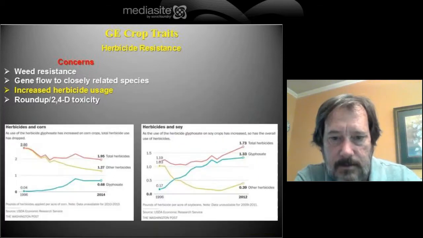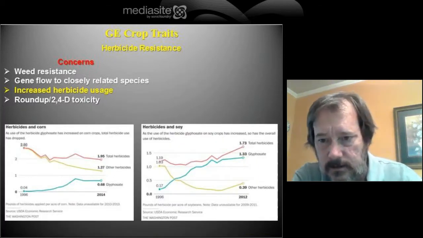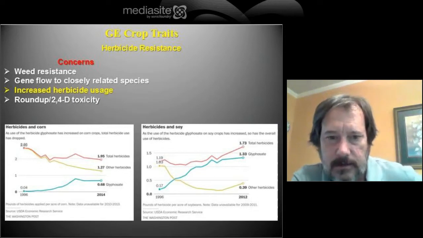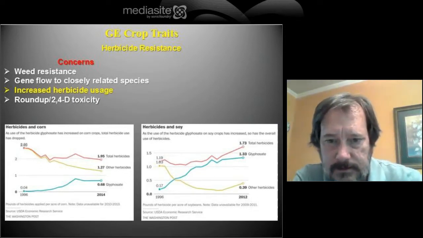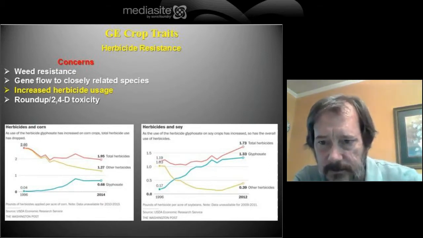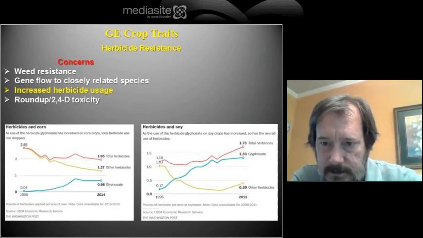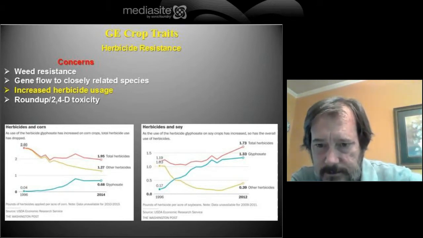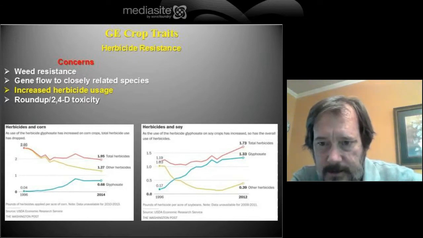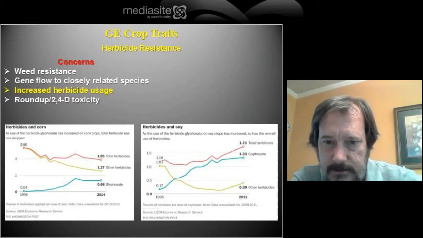And in fact, if we break it down and look a little more closely, at corn on the left, you can see that the total herbicides went down. Glyphosate did increase. And on the right, you look at the total herbicides used in soybeans during this period, went up some, and that was primarily an increase in glyphosate and a decrease in other herbicides.